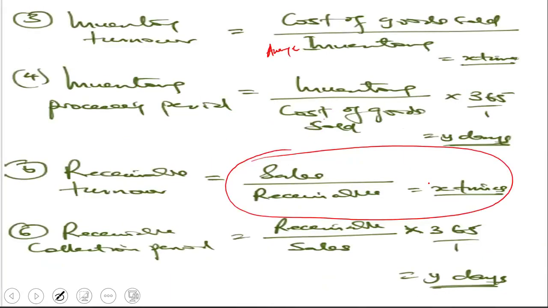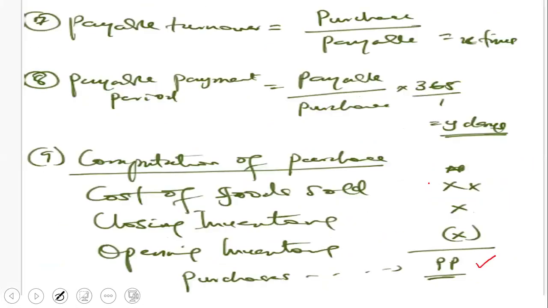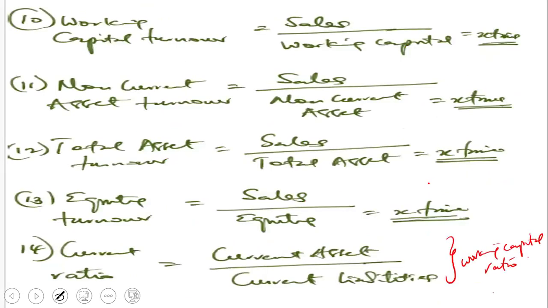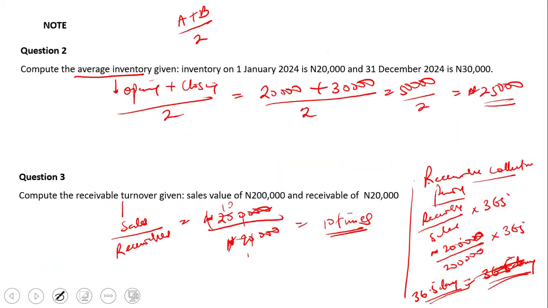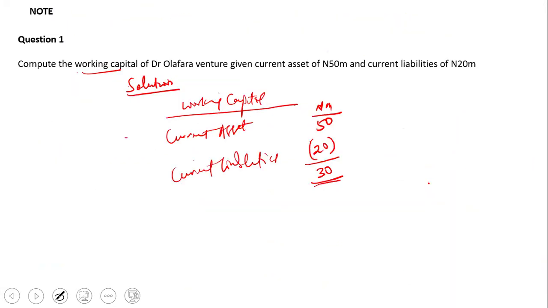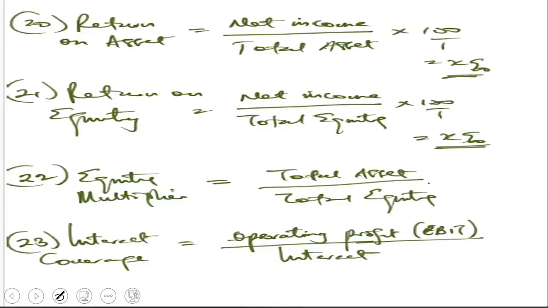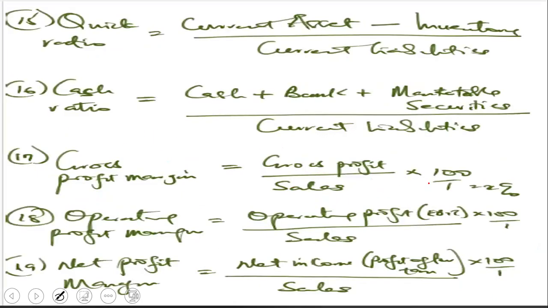Look at all what we have here. They talk about activity ratio. So if you want to get activity ratio, our activity ratios range from number 3 to number 13.